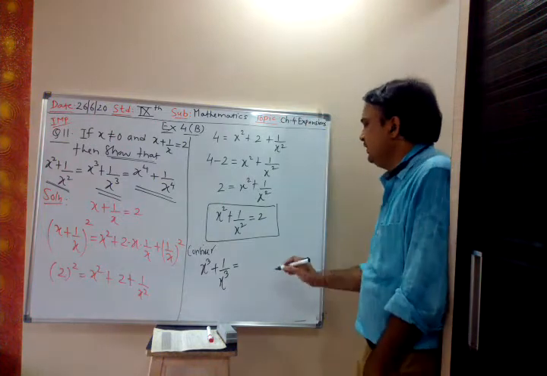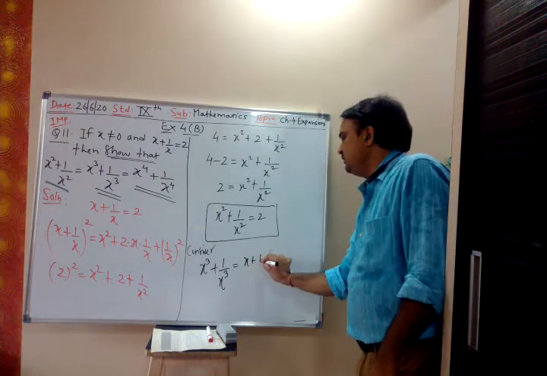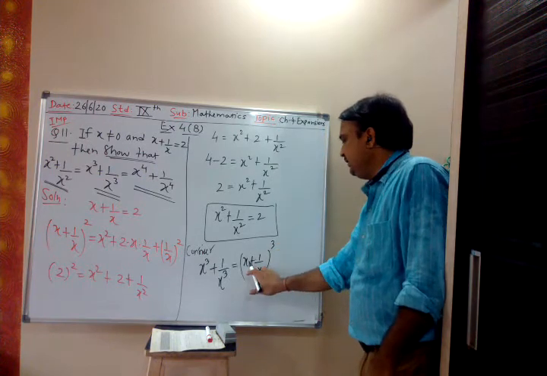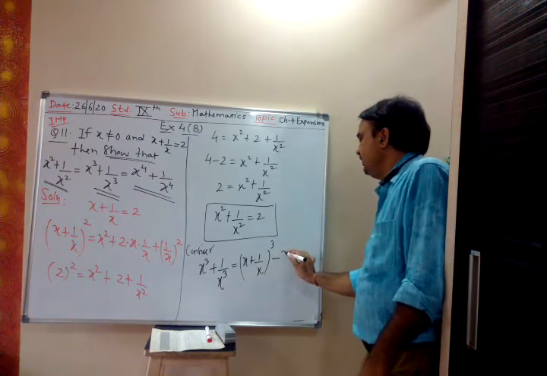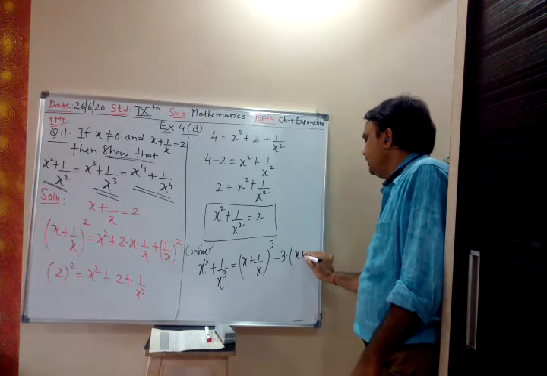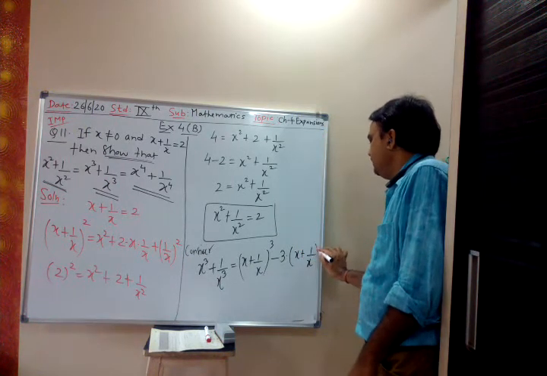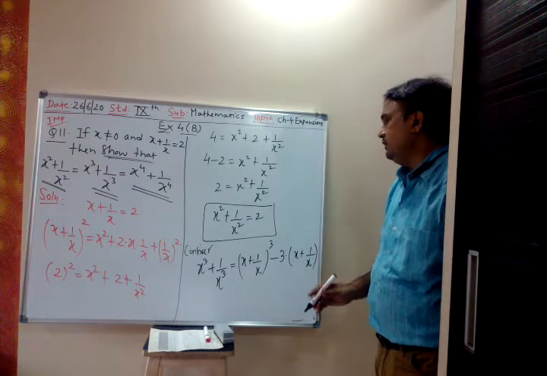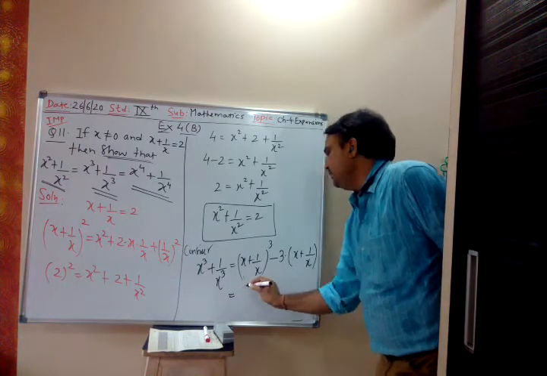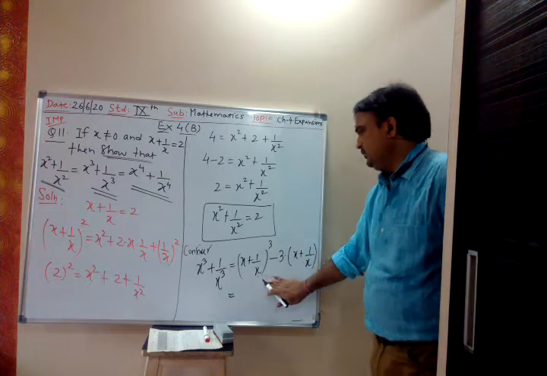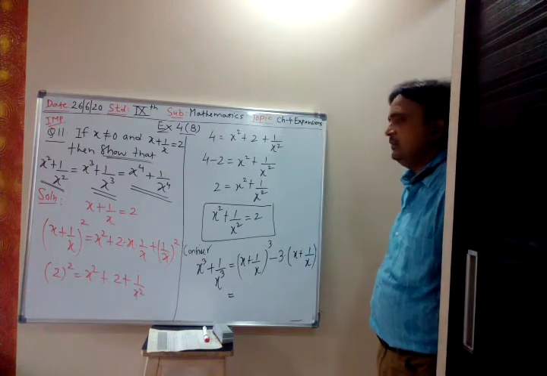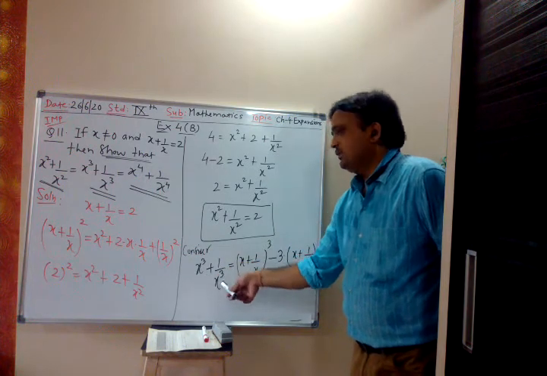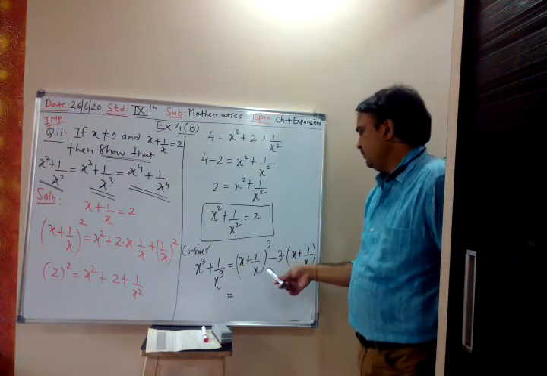What is the direct formula? X plus 1 upon x whole cube, inside bracket plus, so outside it is minus 3 into x plus 1 upon x. This is the direct formula for x cube plus 1 upon x cube. Now we find this value.